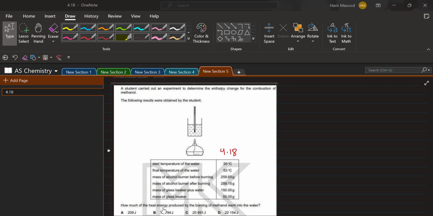One hint I can give you is that not every piece of data that is given will be used in the question.